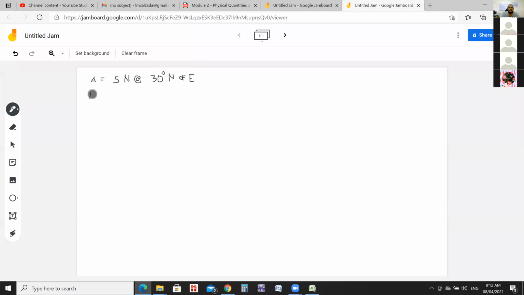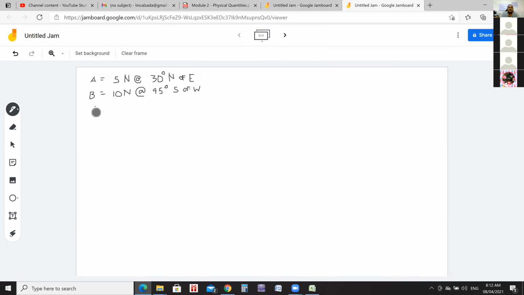Say for example, you're given here vector B at 10 Newton at 45 degrees south of west.